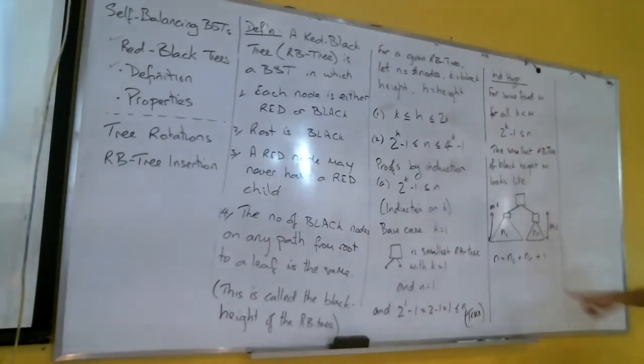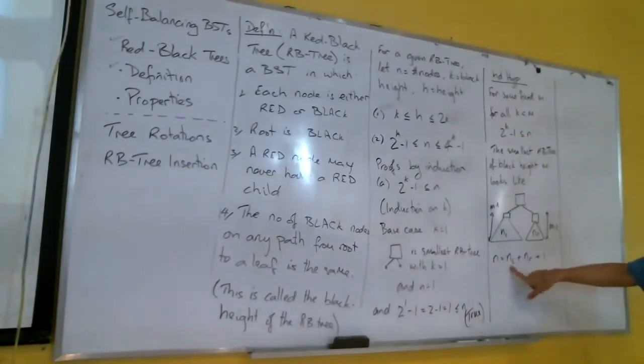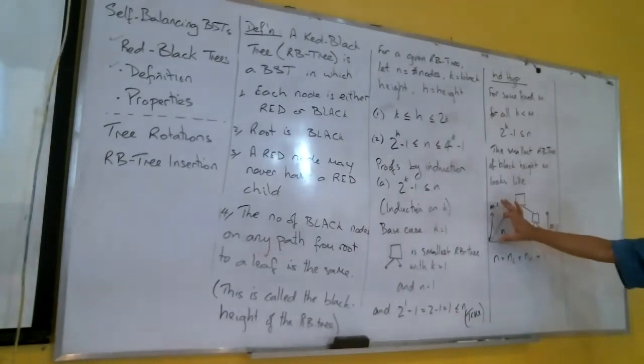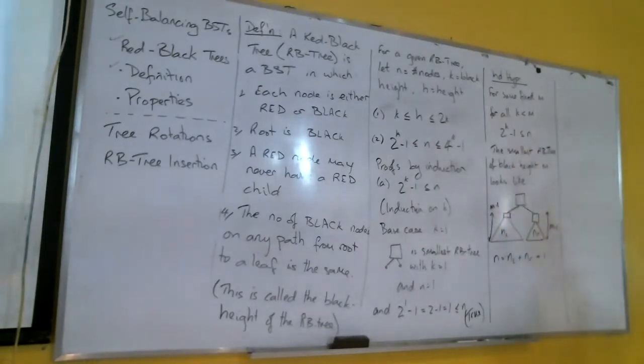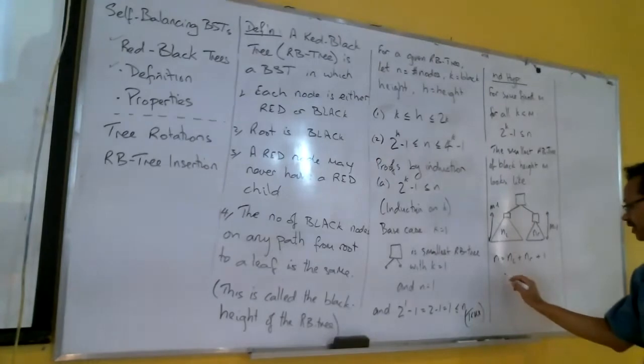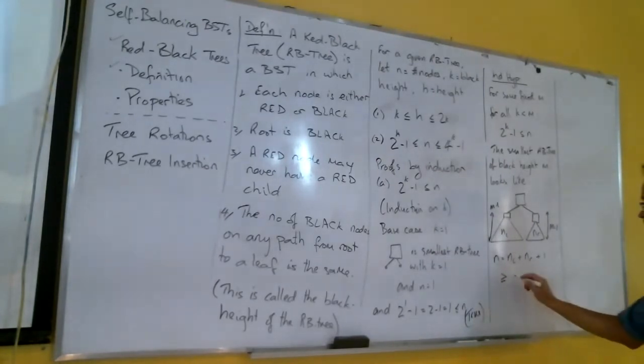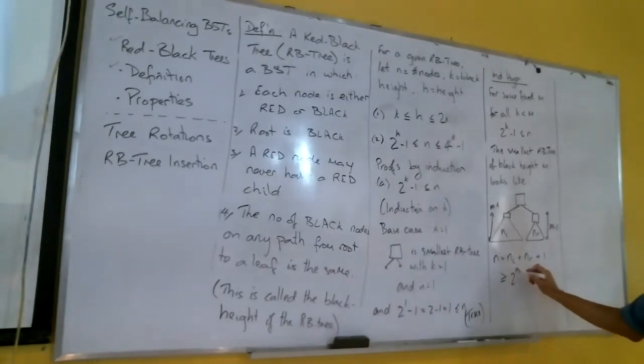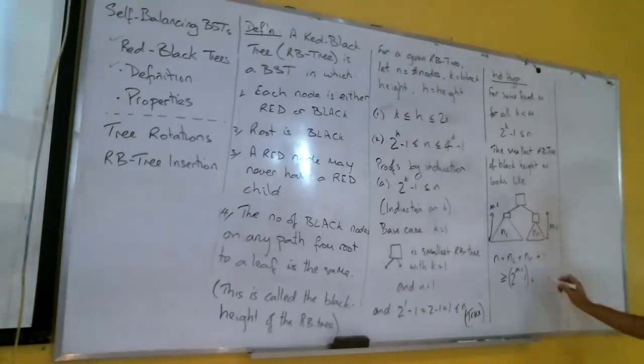So in other words, we know that NL is at least 2 to the m minus 1, minus 1. That's for NL. Plus for NR, it's the same thing. It's at least 2 to the m minus 1, minus 1. And then we had a plus 1.